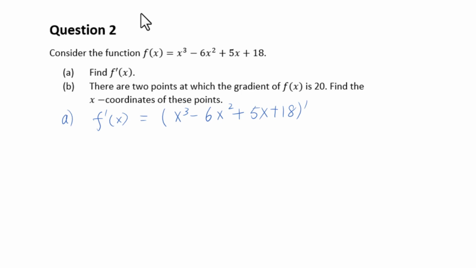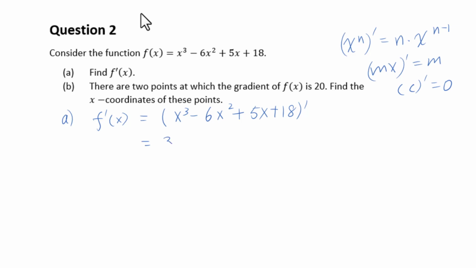We will use the power rule of derivative: x to the nth power prime equals n times x to the n minus 1 power. We also know mx prime equals m, c prime equals 0.